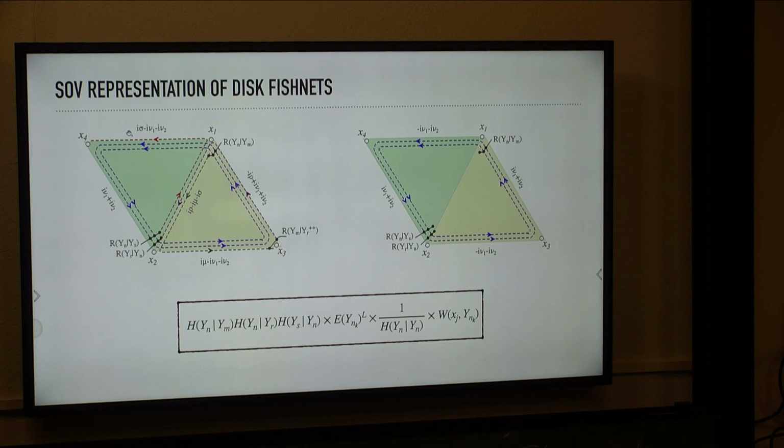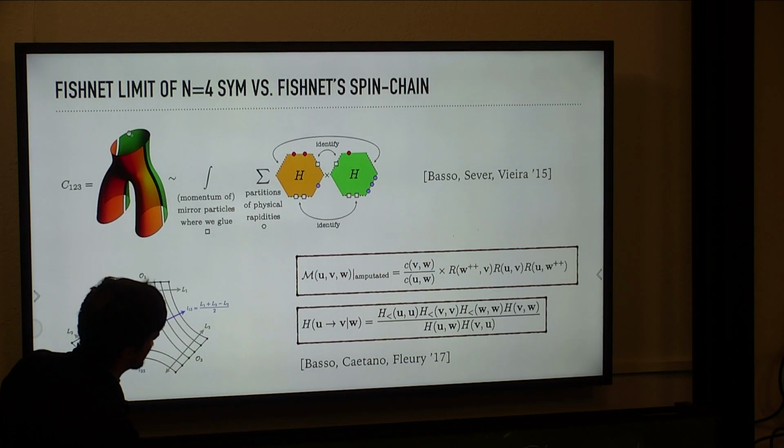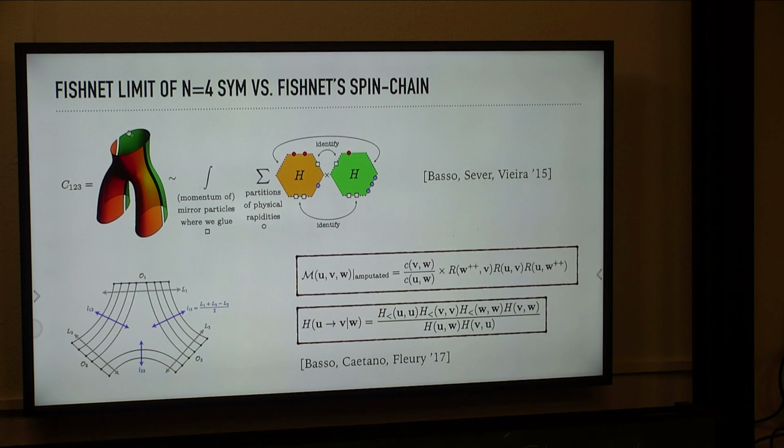And this basically reproduces a conjecture based on AdS/CFT integrability, true for N=4 theory, pushed to the fishnet limit of strong deformation of N=4 that Volodya explained to you.